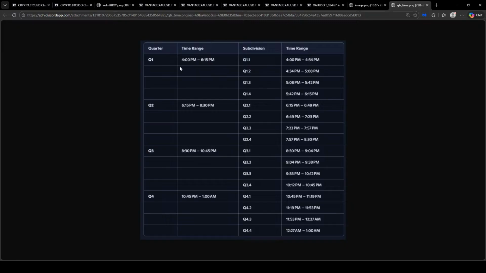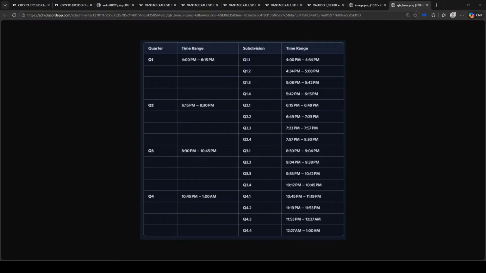For your reference, this is the time range of each quarter and sub-quarters. Quarter 1 starts at 4 and ends at 6:15. Quarter 2 starts at 6:15 and ends at 8:30.